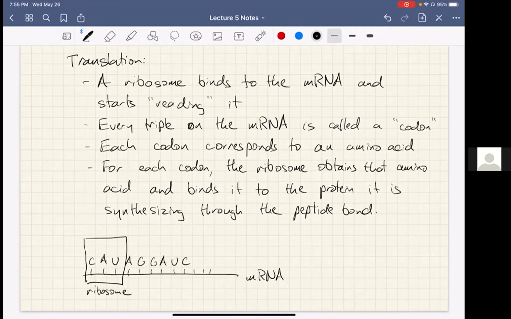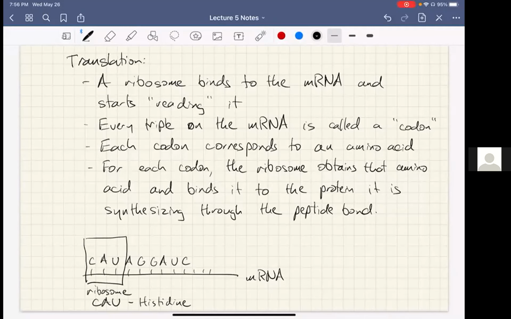The sequence CAU corresponds to a particular amino acid. And in fact, CAU corresponds, in the standard codon table, to an amino acid called histidine. That's not super important, but I just want to indicate to you that there are actually standard tables of these. You look them up. They're called codon tables.